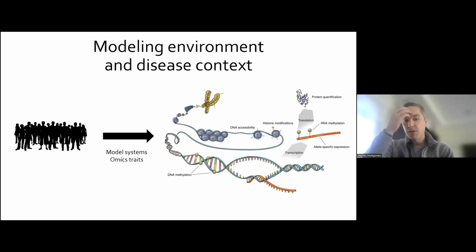So there are lots of opportunities for boiling down what are population studies into different model systems and exploring a range of different omic traits. And we're going to hear about some of those today. But really, trying to figure out what are the best model systems and what are the best omics traits remains a fundamental challenge.